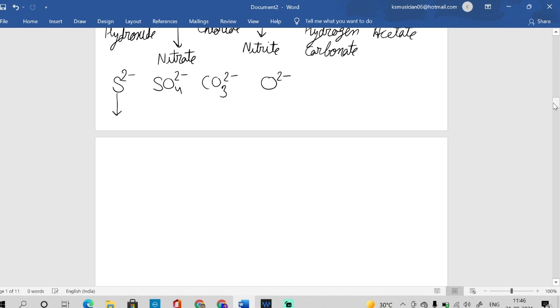It is sulfide, it is sulfate, it is carbonate, it is oxide.